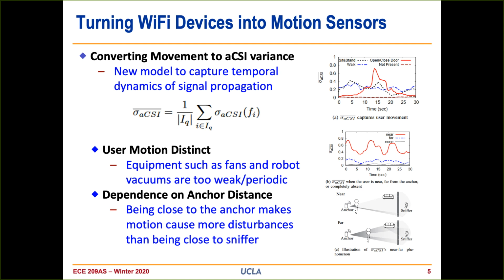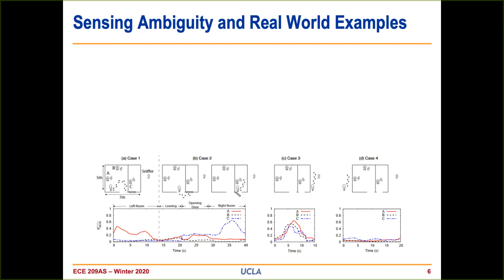This gives you some notion of how close you are to a particular anchor in the room, and gives you a higher confidence that someone is in that room. And as you can see on the charts, when there's no one present in the room, it's a very low signal. But when someone's close to the anchor, you obtain a pretty high sigma value.